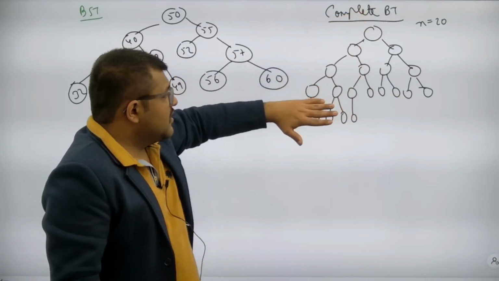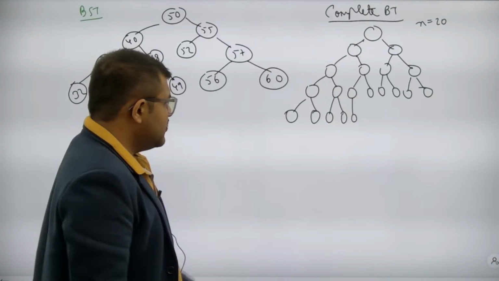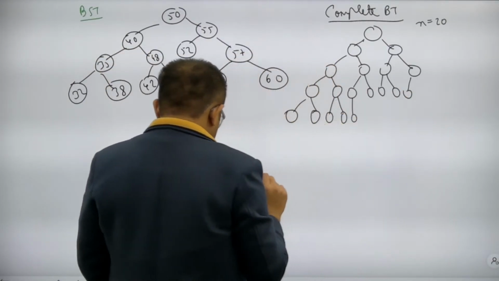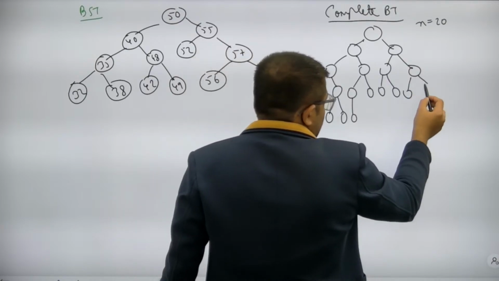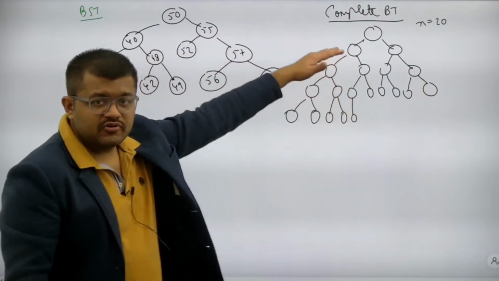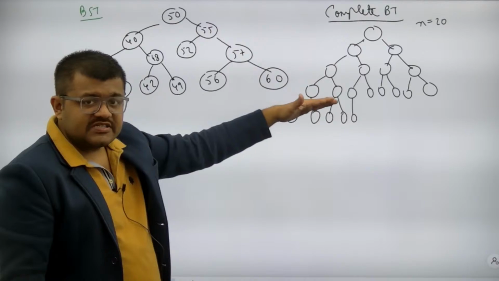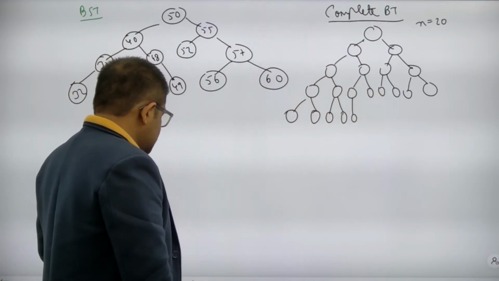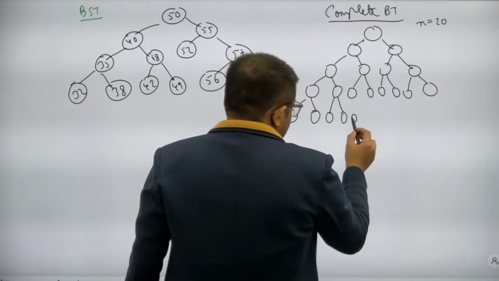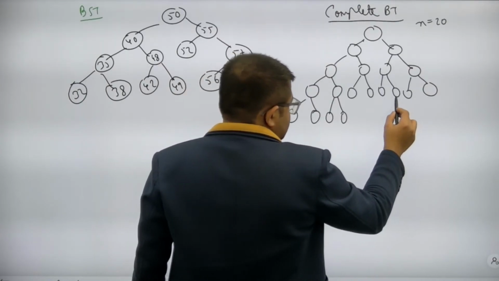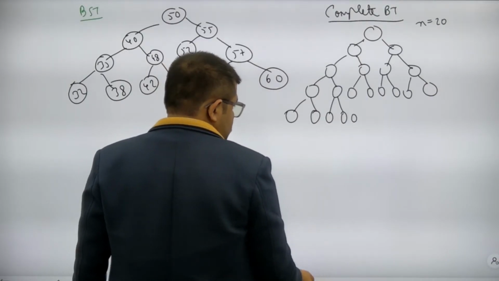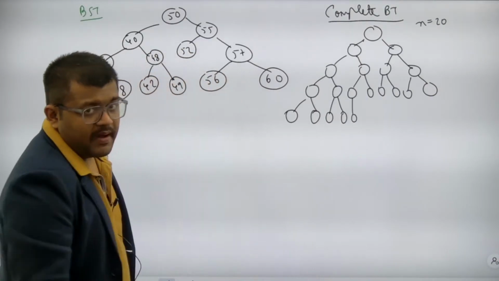Full means it is maximum possible filled. For example, if this node is not there, then this is not a complete binary tree. Until the second last level, all the nodes are full, and for the last level, the nodes are as left as possible. So you cannot say it like this. This is not a complete binary tree. Okay, so this is a complete binary tree.